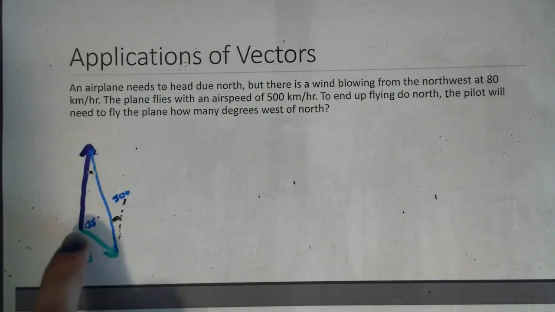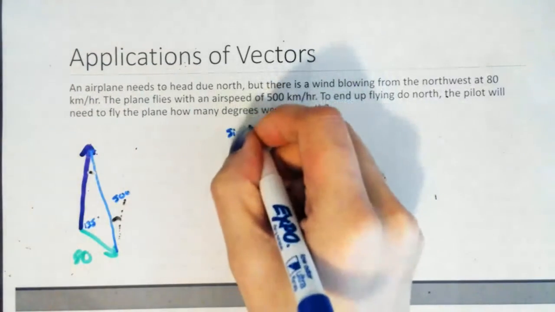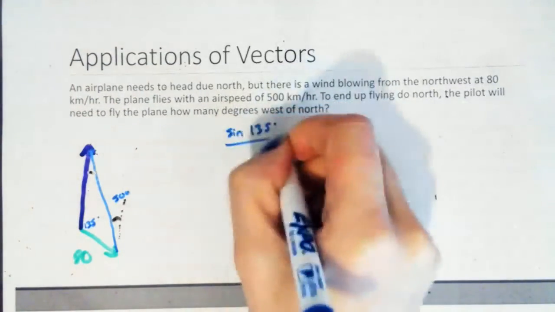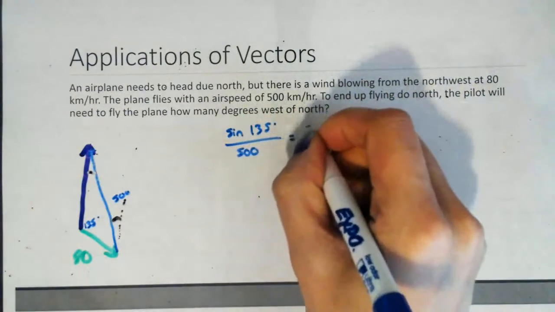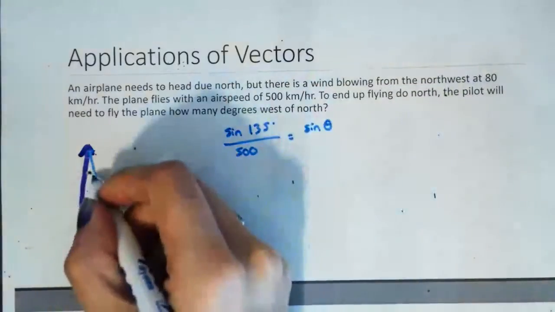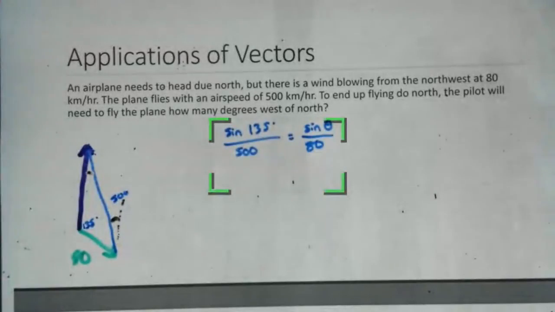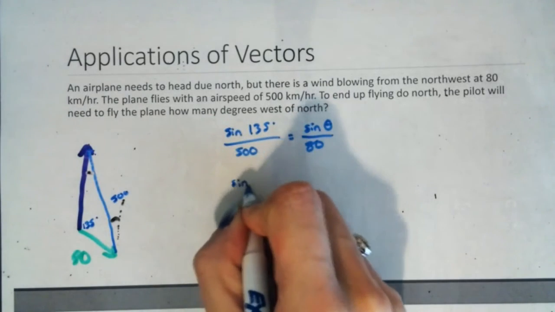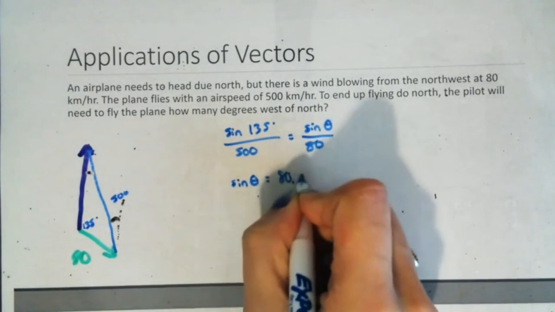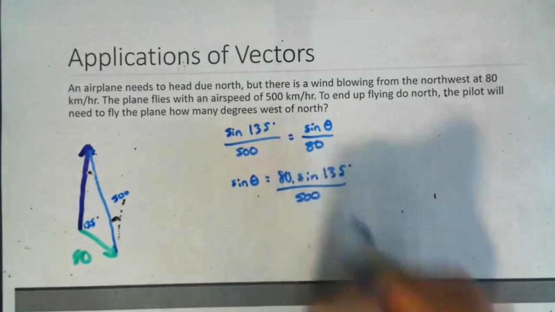Well, since I have an angle and its opposite side, I might be able to use the law of sines here. The sine of 135 degrees over 500, which is the plane's speed, is equal to the sine of this angle I'm looking for over 80. If I multiply both sides by 80, then I get the sine of theta is equal to 80 sine of 135 degrees over 500.